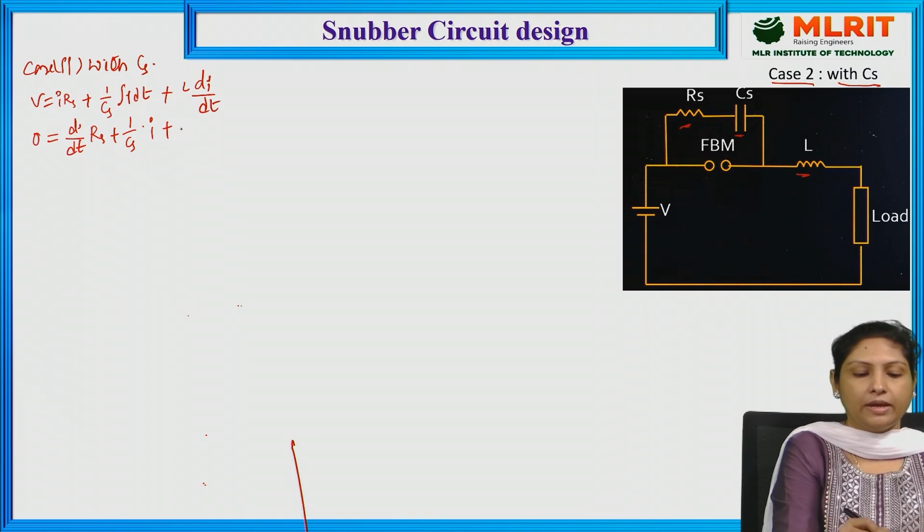And here L into d square I by dt square.